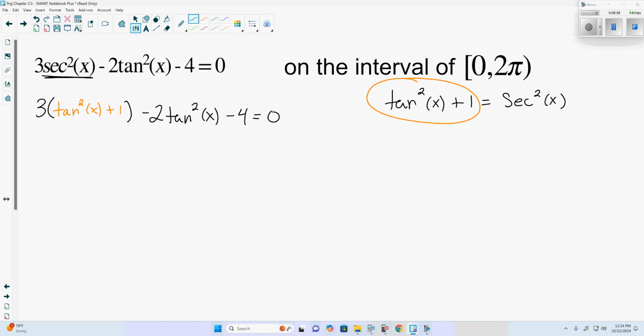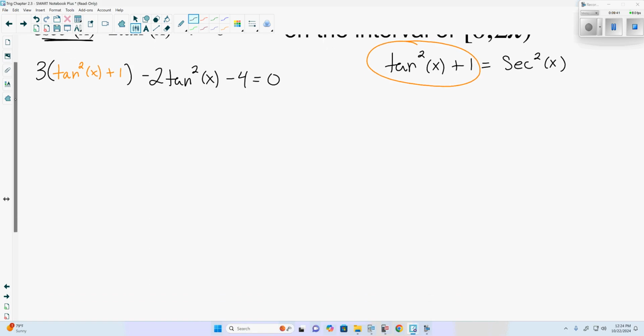Now with this here, we can start simplifying. First thing we can do is distribute the 3. 3 times tangent squared is 3 tangent squared of x. 3 times 1 is going to be plus 3. Minus 2 tangent squared of x minus 4 is equal to 0.